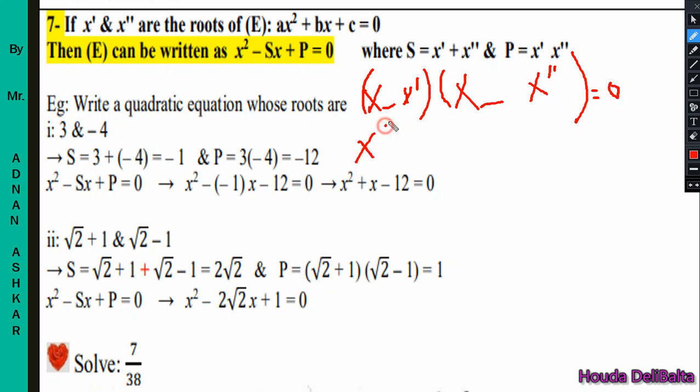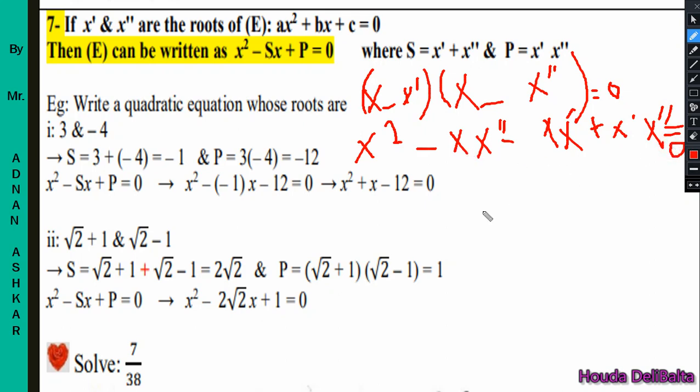We will get x squared minus x into x double prime minus x into x prime plus x prime x double prime equals 0.